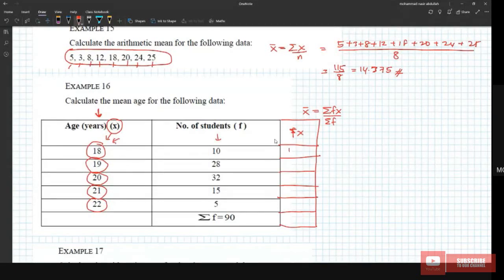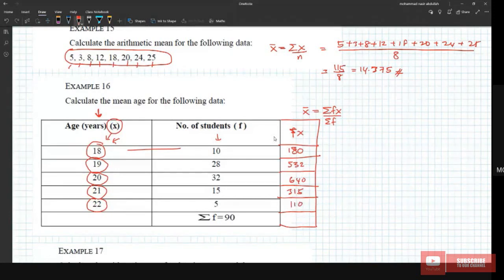So 10 multiplied with 18 becomes 180. And 28 multiplied with 19 is equal to 532. And 32 multiplied with 20 becomes 640. And 15 multiplied with 21 is 315. 22 multiplied with 5 becomes 110.